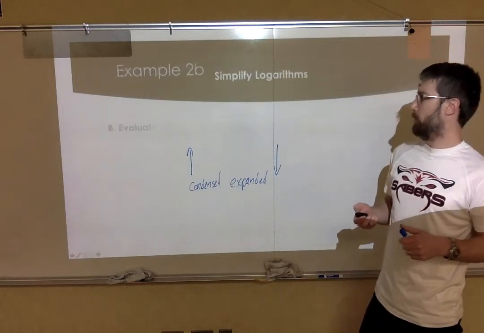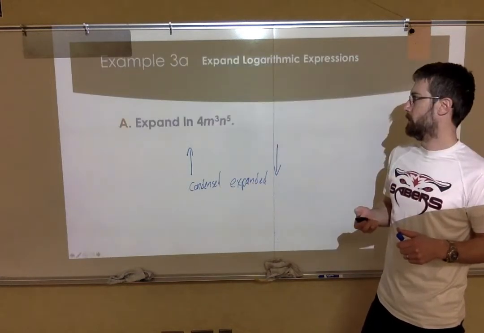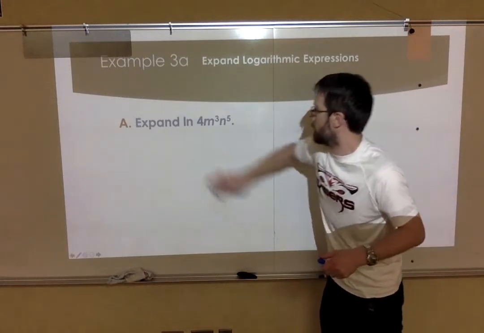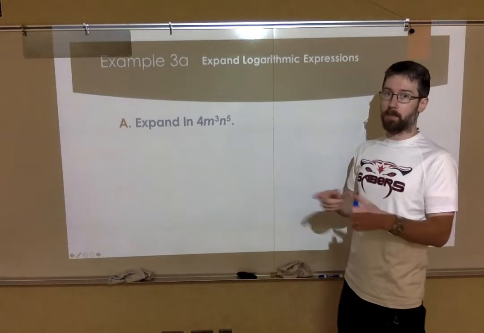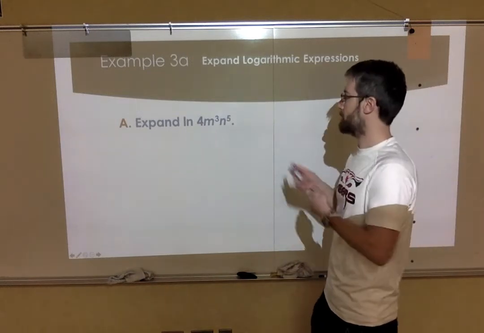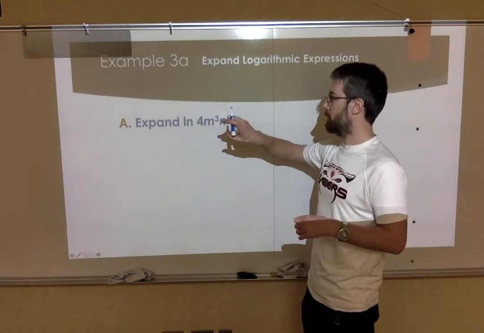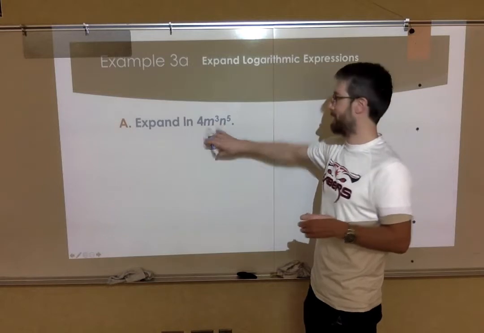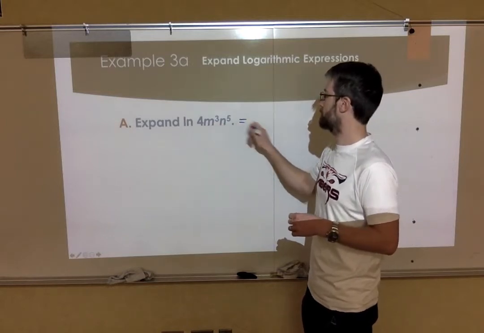All right, where were we? We were going to expand this. So I'm going to start out by applying my product and quotient. Now everything's positive here, so it's all going to be plus. Multiplying results in positives, dividing results in negatives, is how this works.